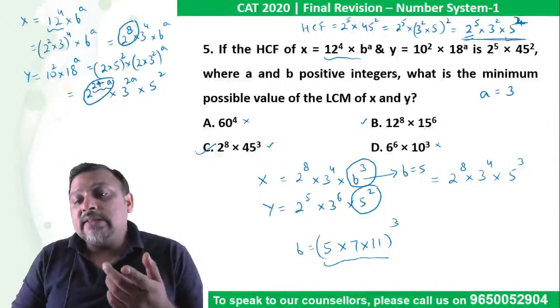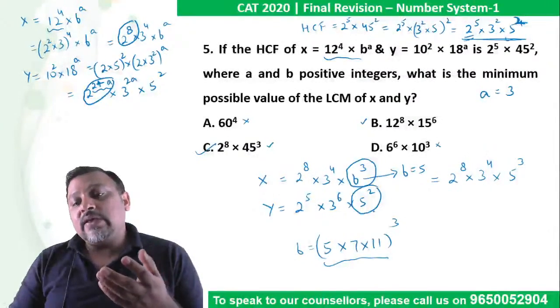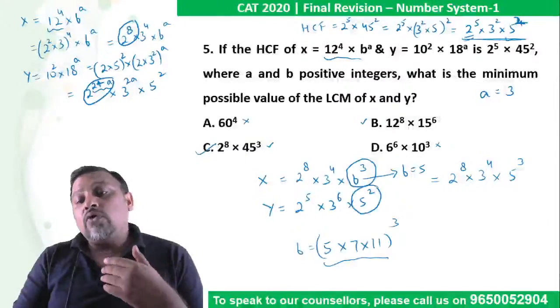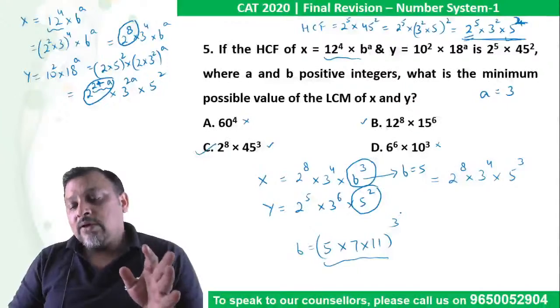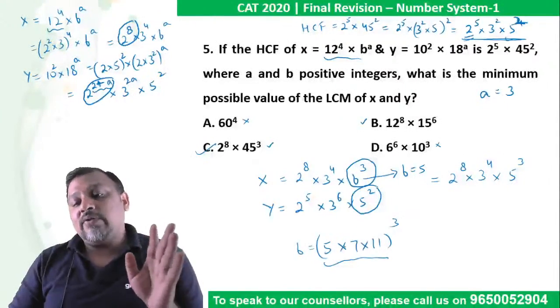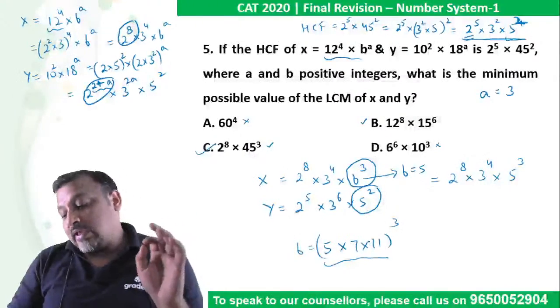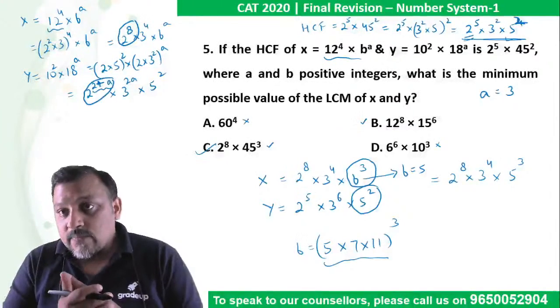In HCF we take the smaller powers, and in Y we don't have any power of 7 or any power of 11. So in HCF also we won't have any power of 7 and any power of 11. So B can be anything, but it has to be a multiple of 5. It can be 5 into 7, it can be 5 into 2, it can be 5 into 11, anything. Okay.